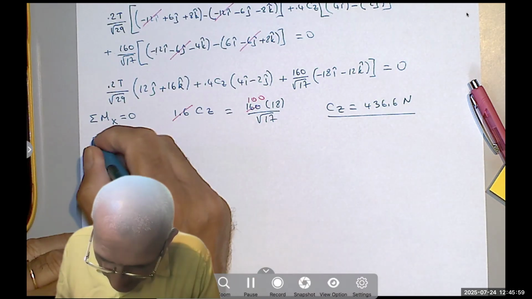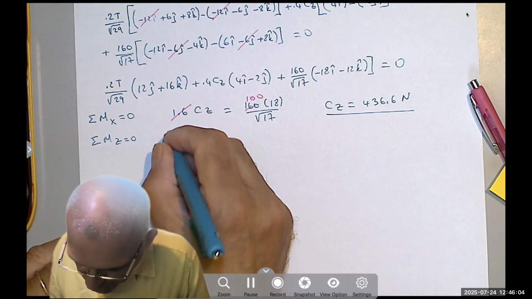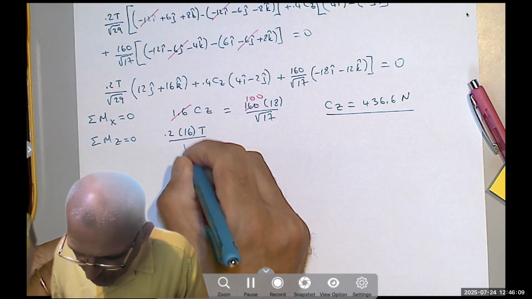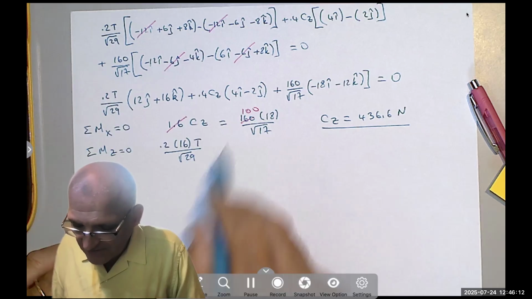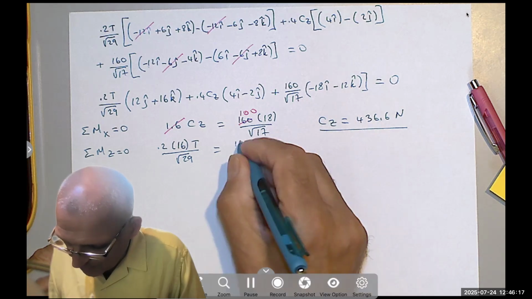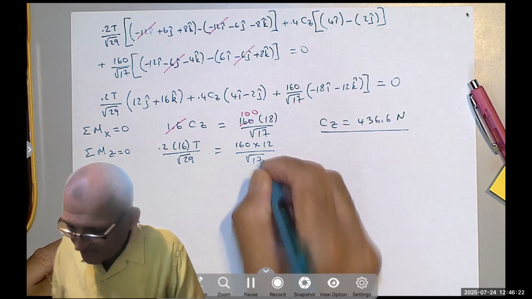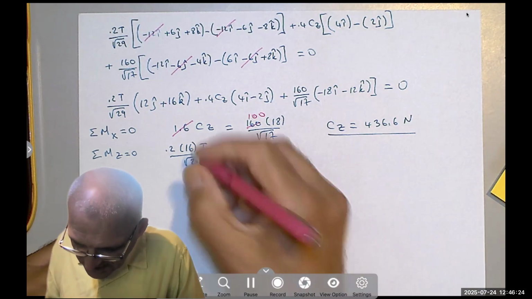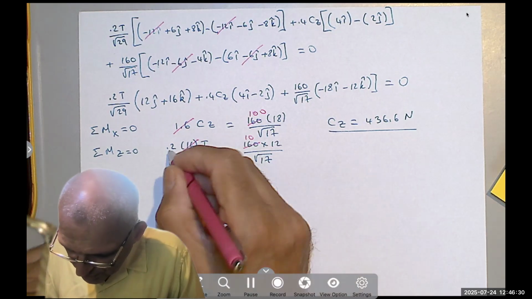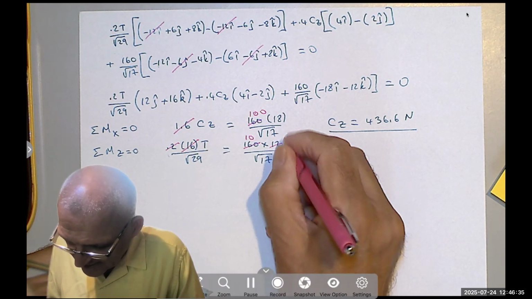Then I'm going to take the moment in the z direction, not the y, because in the z direction, I have 0.2 times 16t over root 29. This one doesn't have a k. This one has, if I move it to the right-hand side, 160 times 12 over root 17. Again, 16 and 16 would make that 10. 2 and 12 would make that 6, so 0.2 would make that 60.